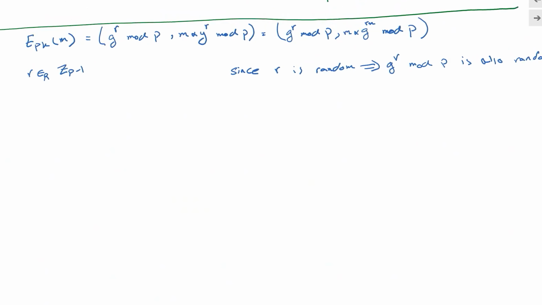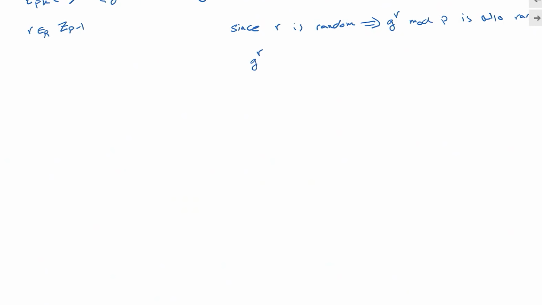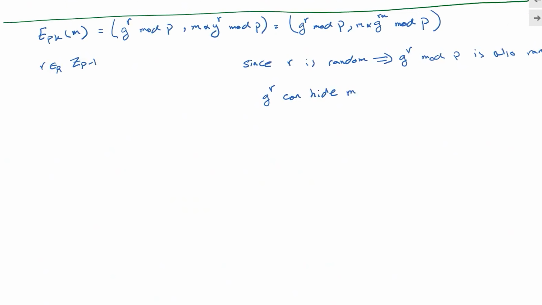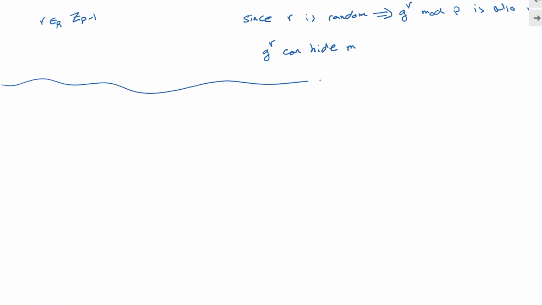P is fixed, g is fixed, but R is different, so g to the R is also random. So g to the R can hide our message M, right? This is the only place where we are hiding our message. Everything else is fixed, but g to the R is the one that is really hiding our message. That's why I emphasize that you really need to take a random R as input.